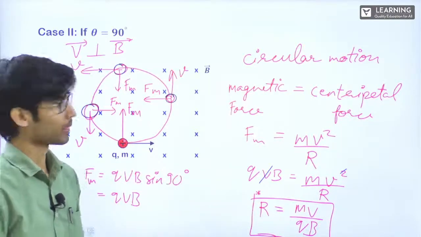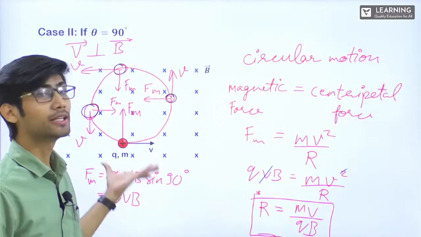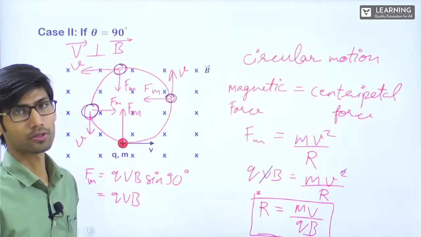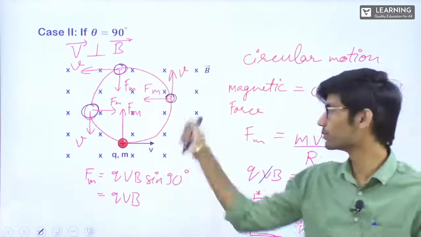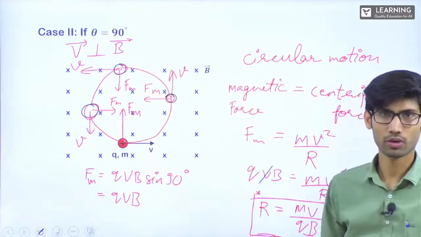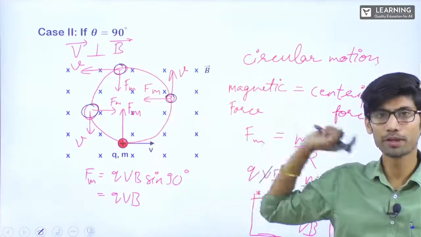Now, what will be the time period of this particular motion? Time period means the time in which this particle will complete one rotation, one round, one circle. We have to take out the time period.